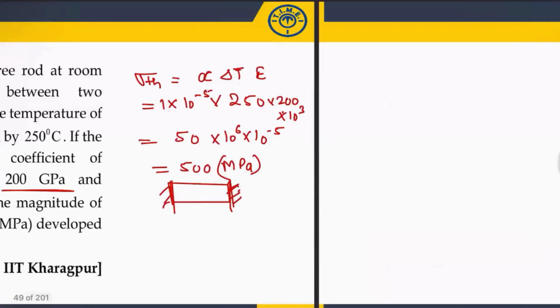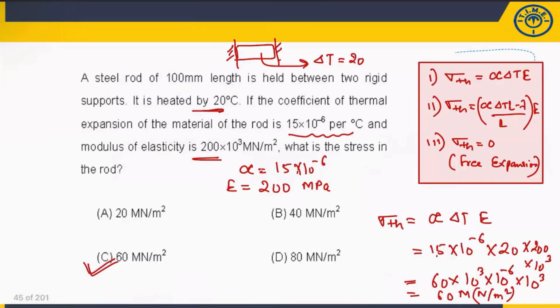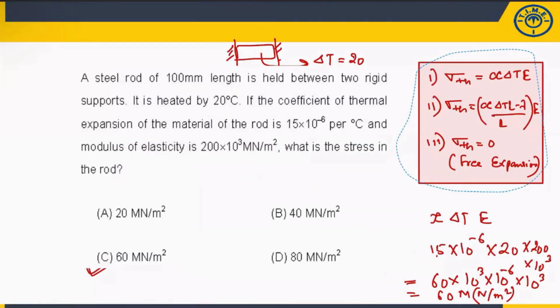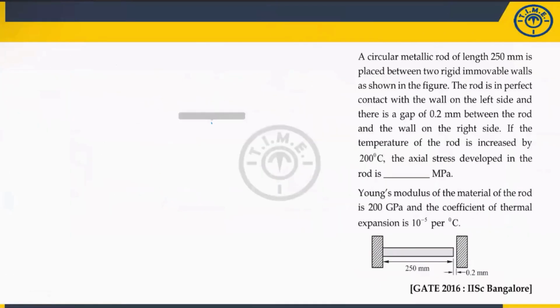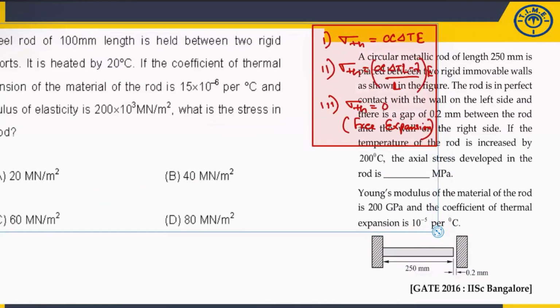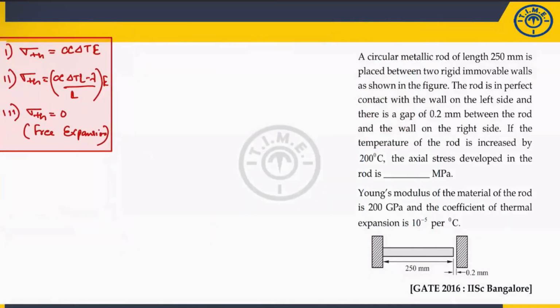If you use my formula, the second case formula, you will get the answer. So if you use this particular formula also, you will get the answer. But I just want to explain a little bit more for this question.